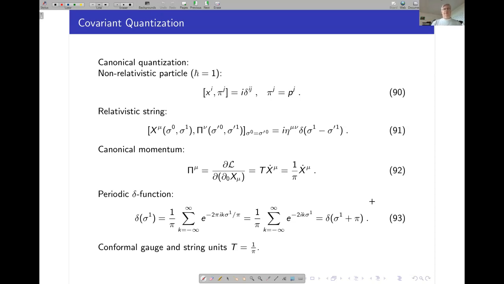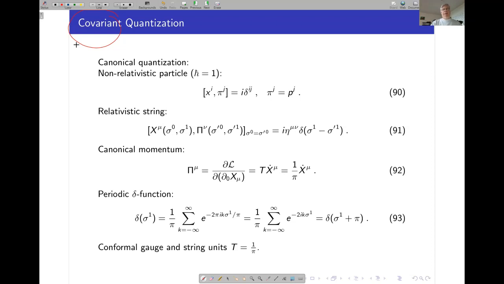But let's have a schematic preview. What we decide is we want to commit ourselves to quantizing the theory in such a way that we maintain Lorentz covariance. I will tell you something about non-Lorentz covariant quantization later in the course, but for the time being, we commit to a covariant quantization scheme.